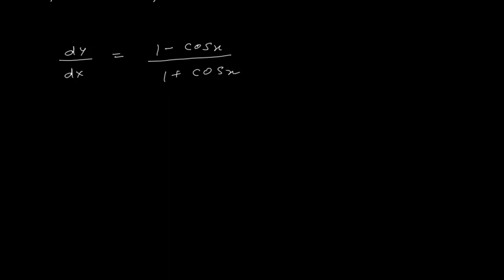So here dy upon dx is (1 minus cos x) upon (1 plus cos x). So easily I can say that dy is equal to (1 minus cos x) upon (1 plus cos x) into dx.